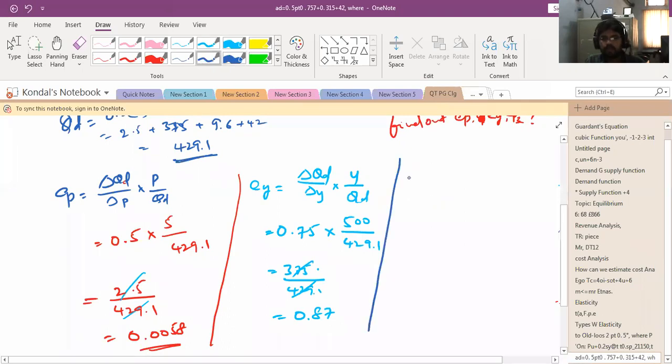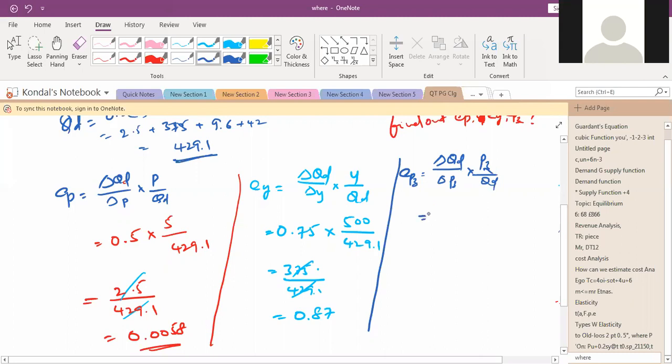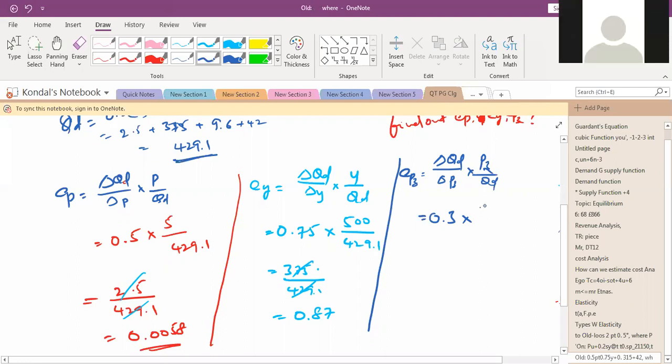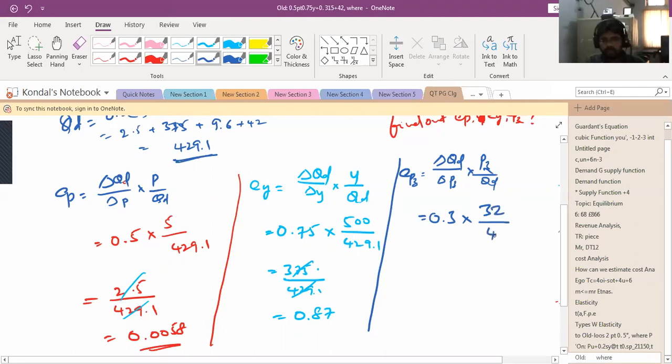Then the cross elasticity. That is delta QD of commodity X by delta price of PZ into PZ by QD. What is the slope of the cross elasticity? 0.3. And what is the PZ value? 32.